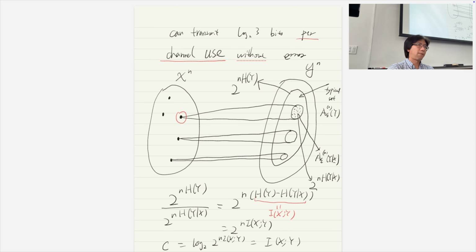Yes? So what stops the conditional typical sets from overlapping with each other? Especially like you had said, if it could be any other symbol with equal probability, then wouldn't they all just fall into the same conditional typical set? Yeah, that's a very good question. They cannot. That's why I say it's not a mathematical proof.